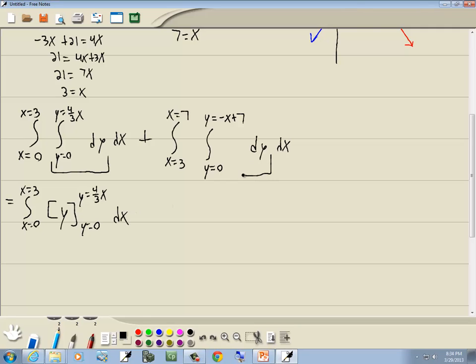Same thing here. We're going to work with the inner integral. So this remains x equals 3 to x equals 7. And again, there's like an invisible 1 here, so the integral of 1 is 1y, or y, from y is equal to 0 to y is equal to negative x plus 7.